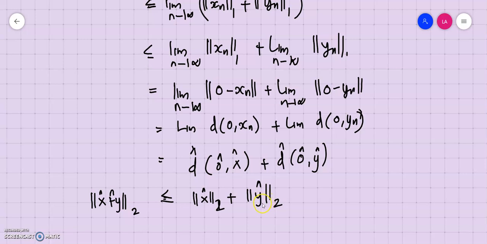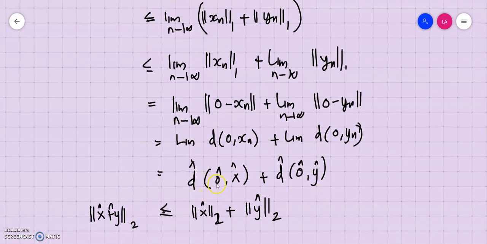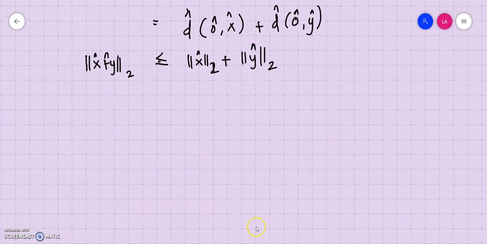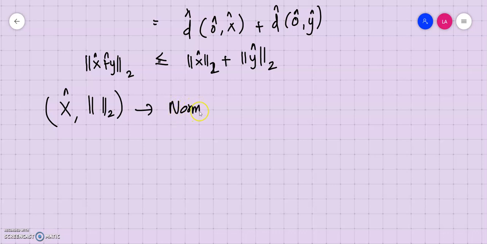So we have established that this norm 2, which is defined as d cap of 0 cap x cap, satisfies all the properties of the norm. So what we have done is we have defined this space x cap and the norm 2, which is actually an extension of the norm 1, and we have proved that it satisfies all the properties. So it is actually a normed space.